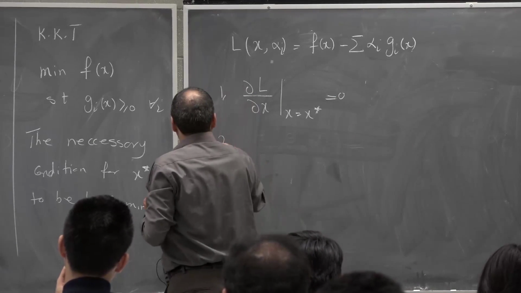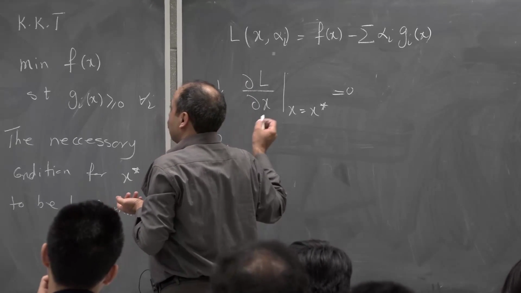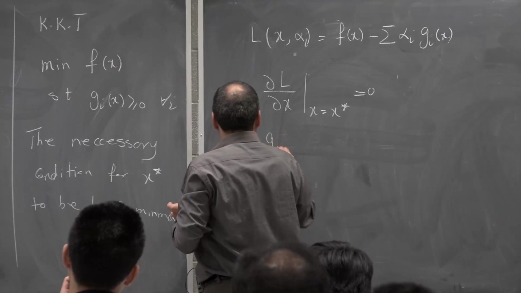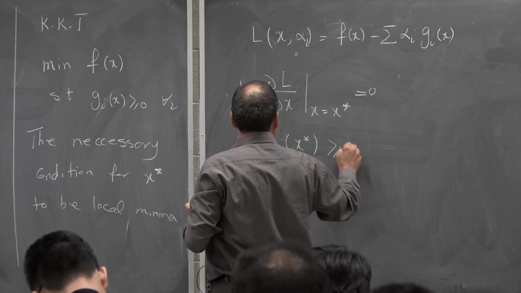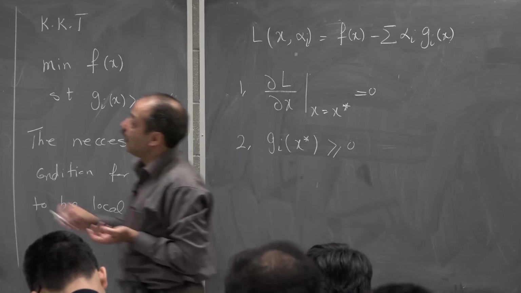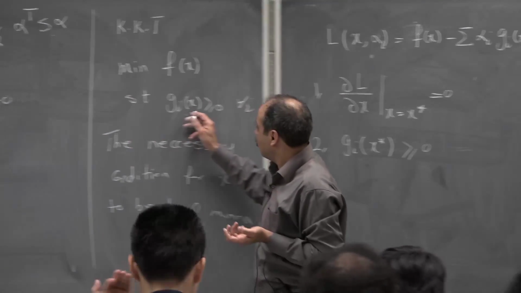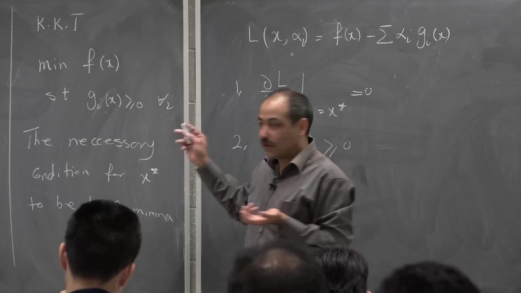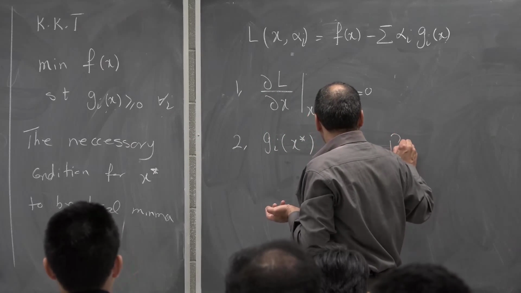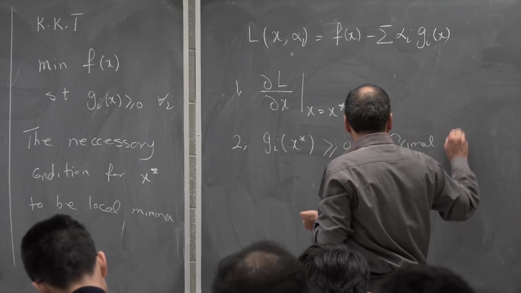So this is one condition. Another condition is that g_i(x star) should be greater than or equal to 0. g_i for all x should be greater than or equal to 0, so definitely for x star. It's called primal feasibility.